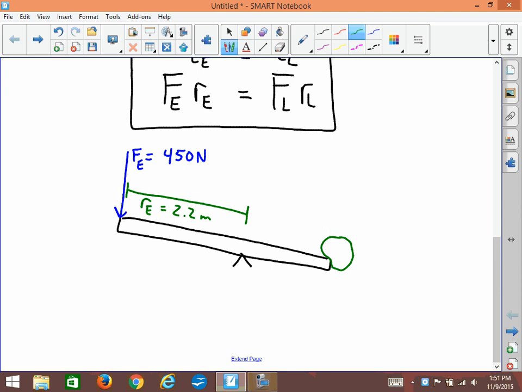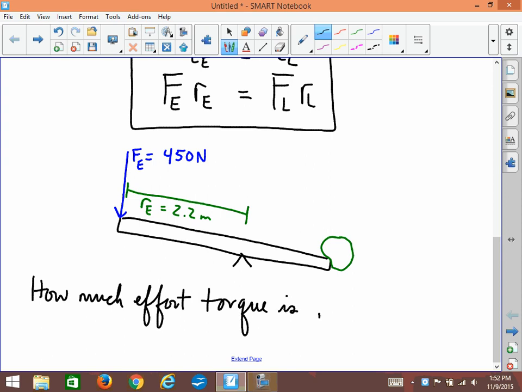Okay. How much effort torque is being produced? If this was you pushing on this rock, how much effort torque are you making?